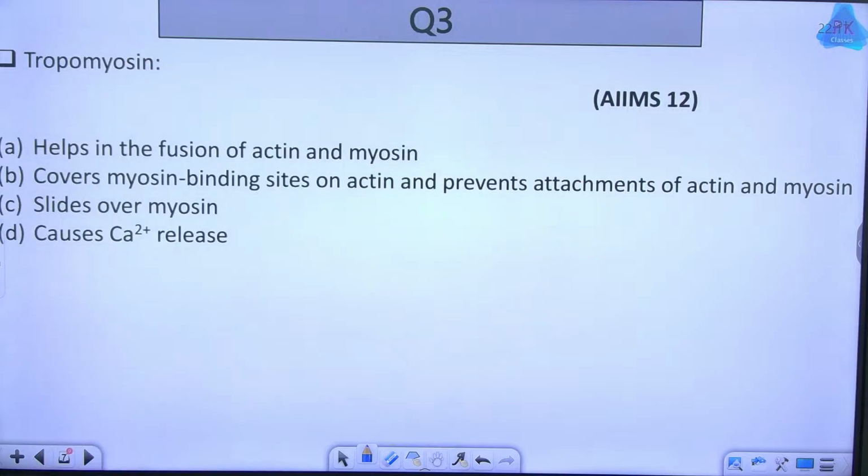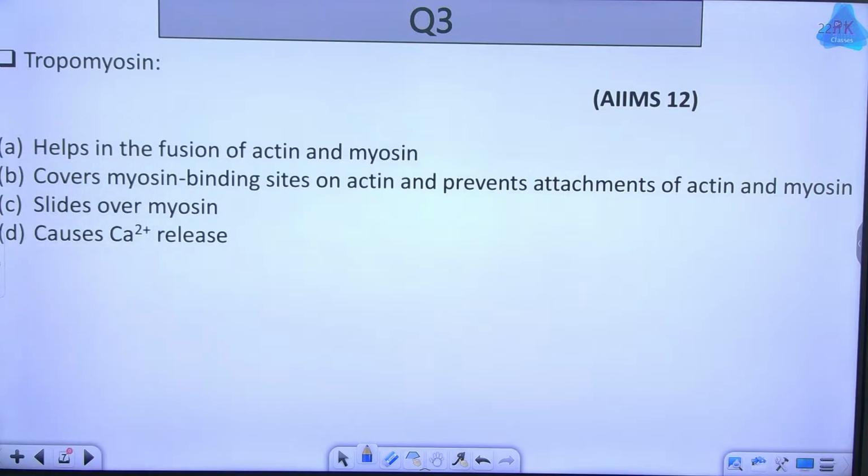Again, tropomyosin. What is the function of tropomyosin? Just now I explained in the previous question. Yeah, most of you are giving the right answer.